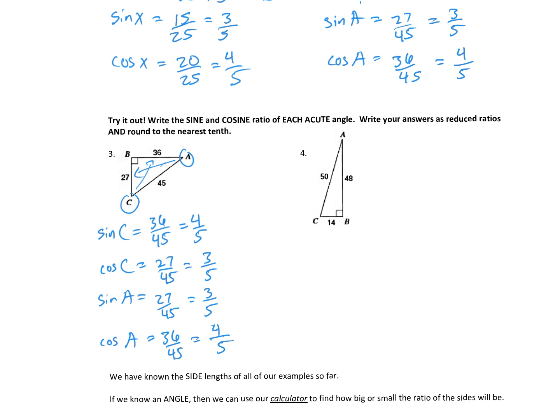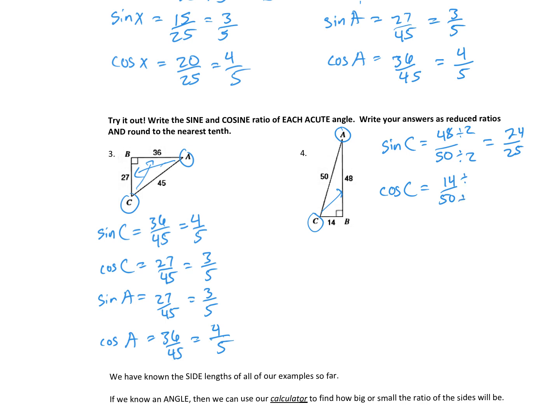Okay, let's look at number 4. Okay, we got some different numbers. We got C and we got A. We want sine of C. That is opposite over hypotenuse, which is 48 divided by 50. They can both be divided by 2, which gives me 24 over 25. Cosine of C, which is adjacent, gives me 14 over 50.